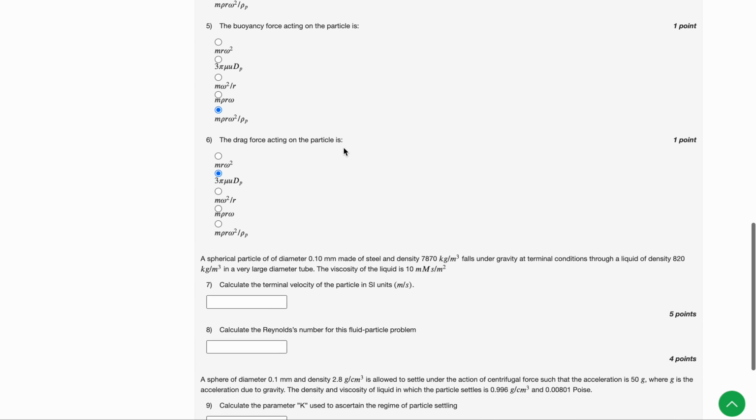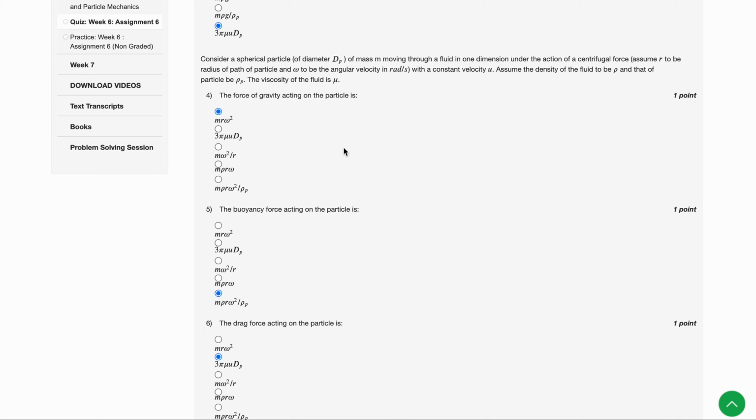So these are your question numbers 4, 5 and 6. Question number 4 answer is m r omega square.